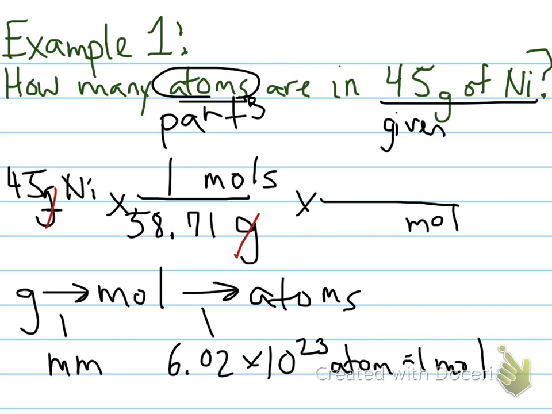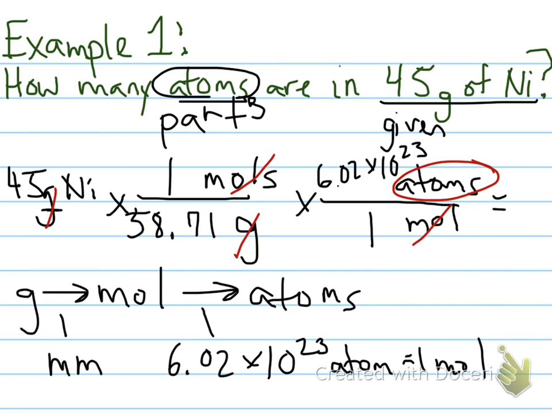Moles is on top, so I need to cancel it out, so I put it on bottom. And I want to end up with atoms, so atoms is going to go on top. So in 1 mole, there are 6.02 times 10 to the 23rd atoms of nickel. And notice, now my moles cancel out, and I'm left with atoms, which matches my unknown.